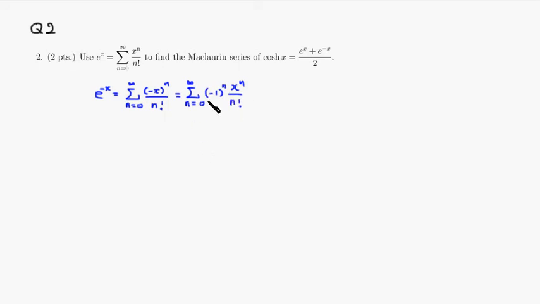So all you really have to do is plug this in for e to the x and plug this in for e to the negative x, then simplify. I'll let you start it here.